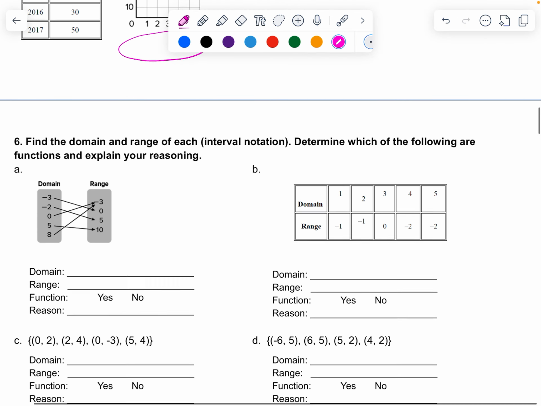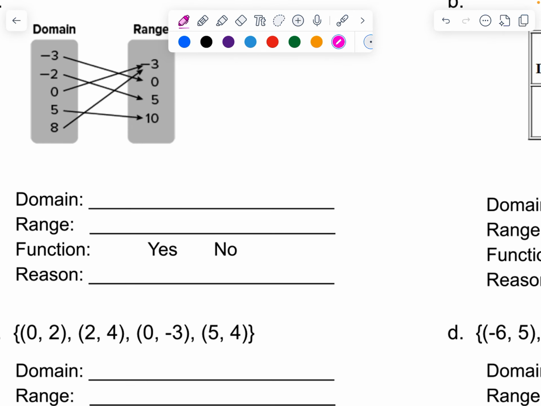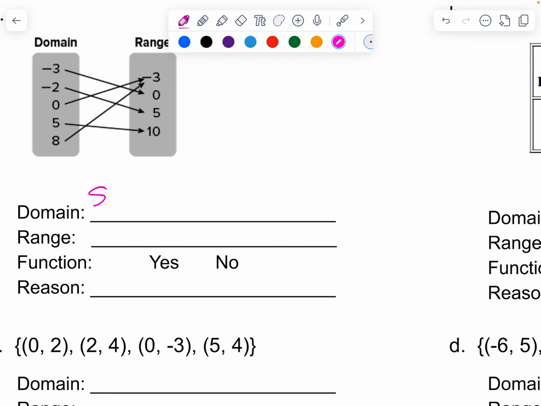Okay, find the domain and range of each, and if it needs interval notation, do interval notation. Determine if it's a function. Okay, here we go, the domain. This does not have continuous, so it's not going to have interval notation.